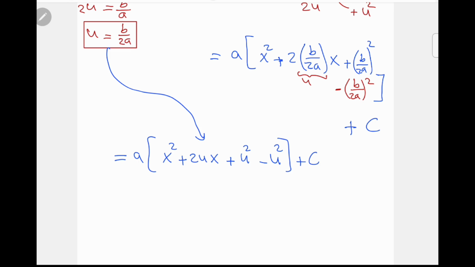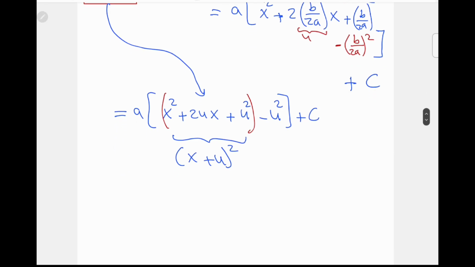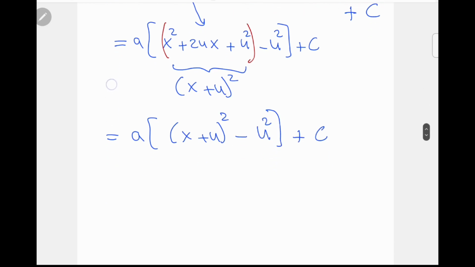Now if you look at this expression, this is just x plus u squared. So now you can see that we created this term inside, and we can rewrite it as a, open a bracket, x plus u squared minus u squared, plus c.